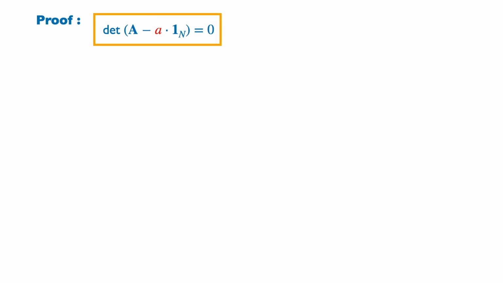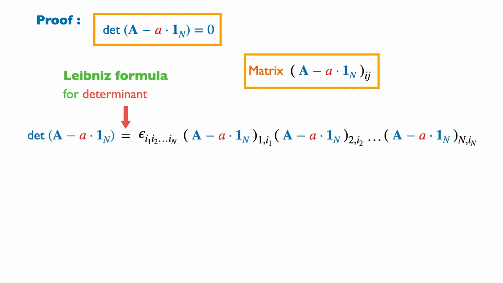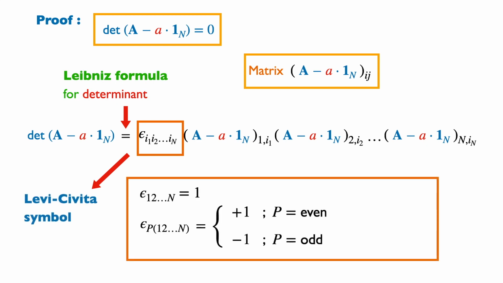The determinant in this equation can be expanded out using the matrix elements, and the Leibniz formula. Epsilon is the Levi-Civita symbol and is defined by which is equal to 1 for even permutations of indices, and minus 1 for odd permutations.